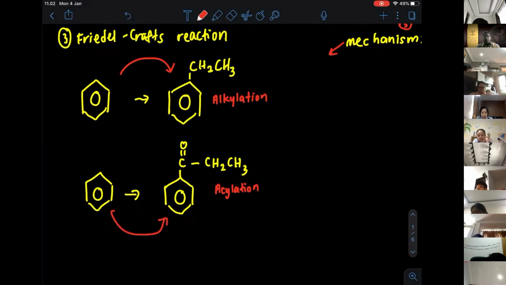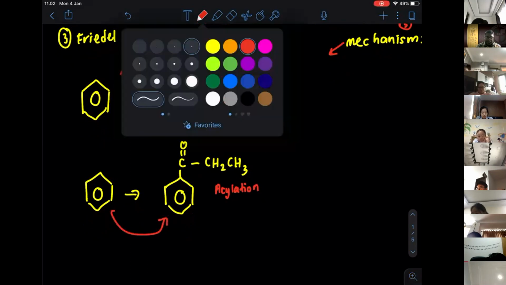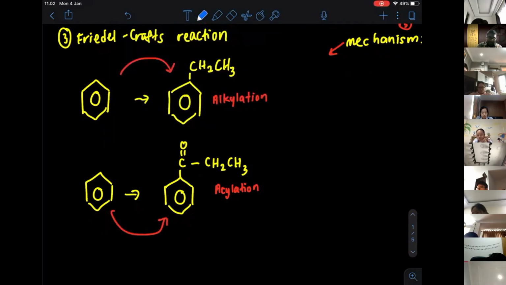Basically you need to know that you are going to react with something that has CH2CH3, but the additional thing you need to know is that it will have a halogen, which is Cl here. And for example, they will react with C double bond O, CH2CH3.